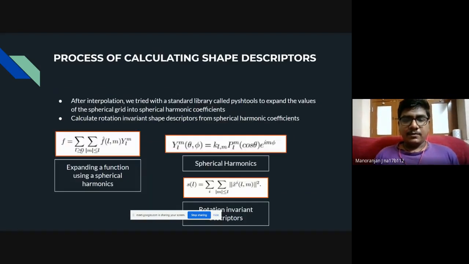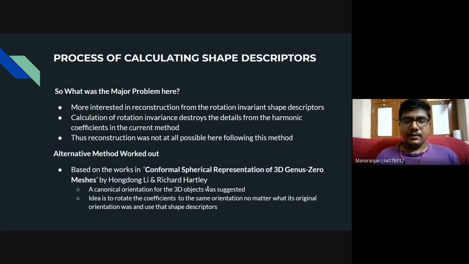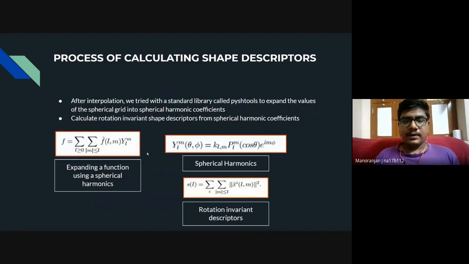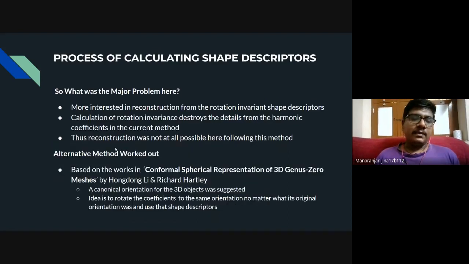When we are trying to convert it into rotation invariant descriptors, we actually destroy the information of these coefficients separately. So when you square them and add, you don't know what the individual coefficients are. So even though we can represent it with a descriptor, it might not be usable in recomputing the shape.